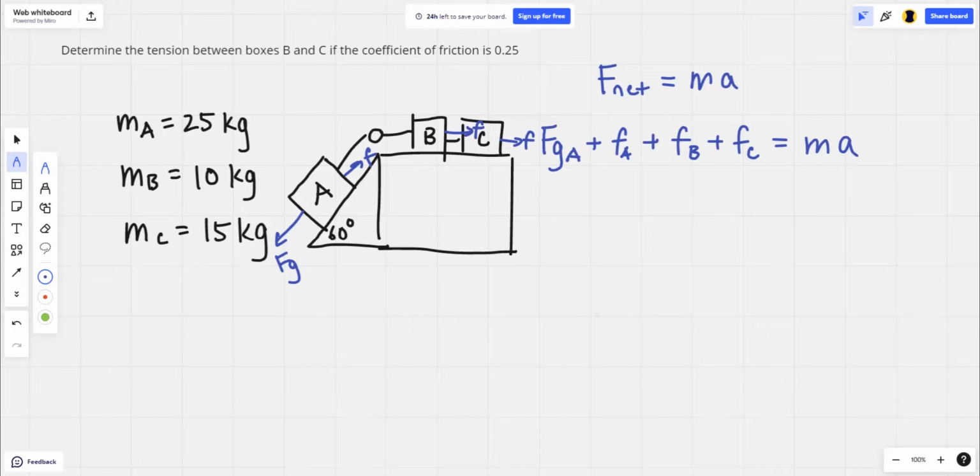So what did we say? We said that FG is the same as mg sine theta, which in this case is 60 degrees.